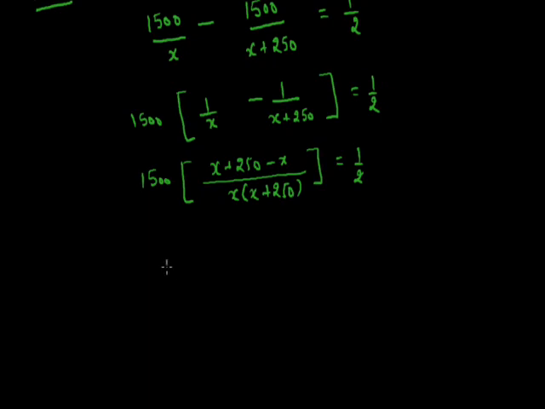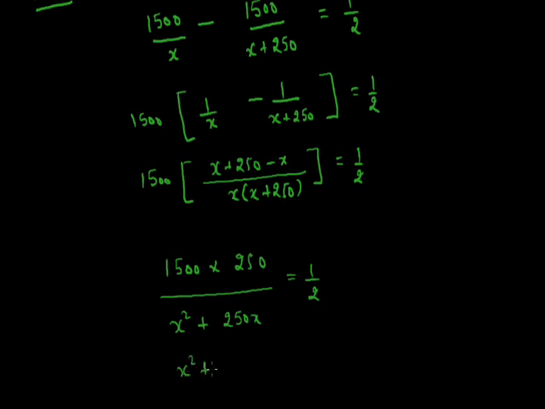So we will get 1500 multiplied by 250 upon x square plus 250x equal to 1 by 2.